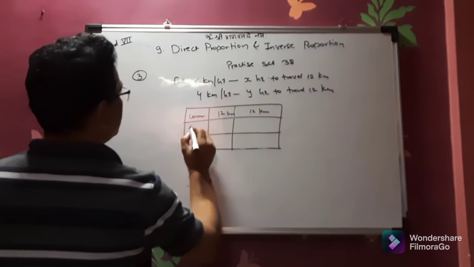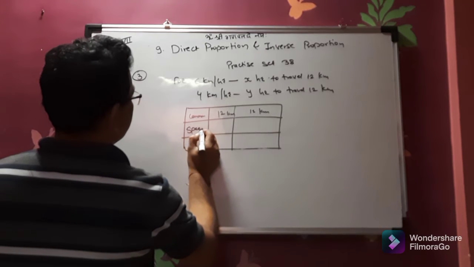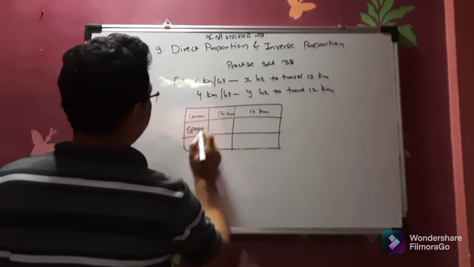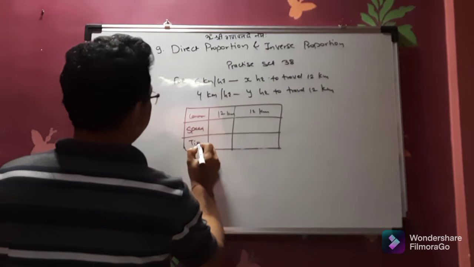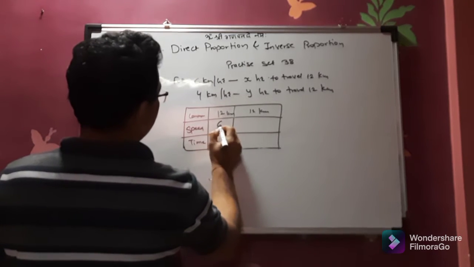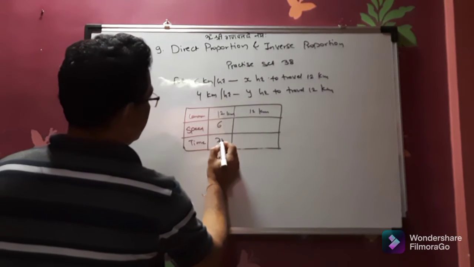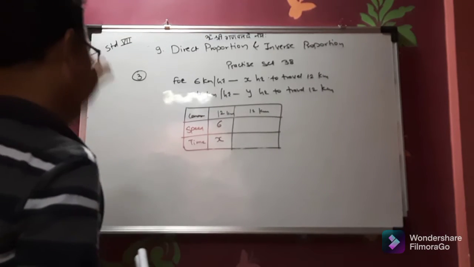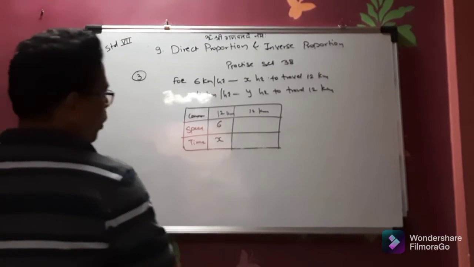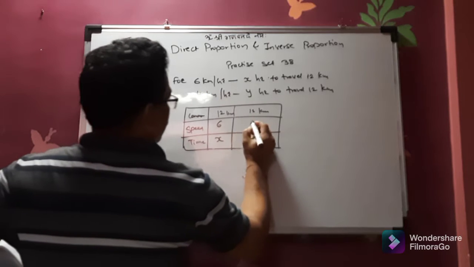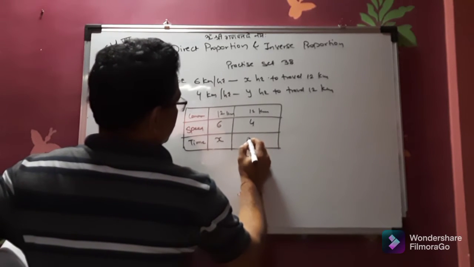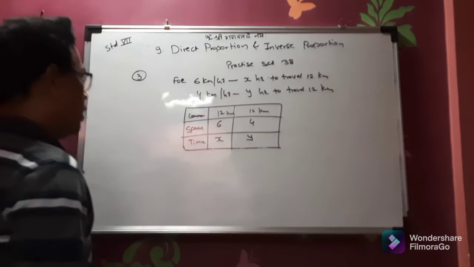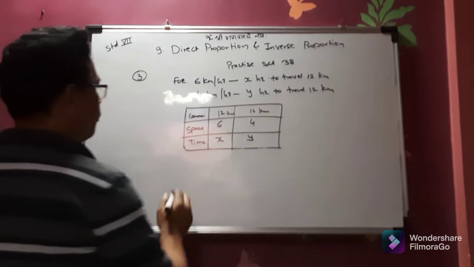Now here is the speed, 6 km per hour, and this is the time. When she travels at 6 km per hour, she will take x hours to travel 12 km. If she travels at 4 km per hour, she will take y hours to travel 12 km.